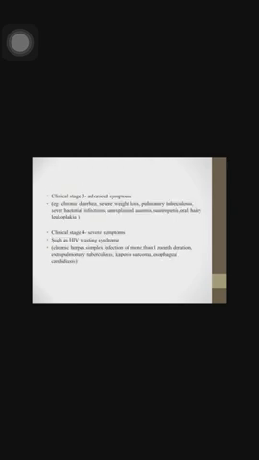Clinical stage 2 are the mild symptoms, for example weight loss, angular cheilitis, herpes zoster, fungal infections, etc. Clinical stage 3 are the advanced symptoms, that is chronic diarrhea, severe weight loss, pulmonary tuberculosis, and so on. Clinical stage 4 severe symptoms are HIV wasting syndrome, chronic herpes simplex infection of more than 1 month duration, extrapulmonary tuberculosis, Kaposi sarcoma, esophageal candidiasis.